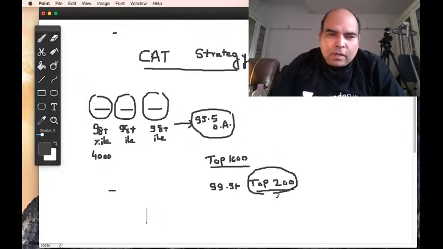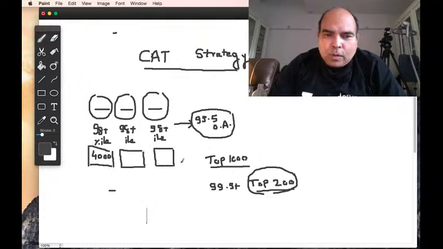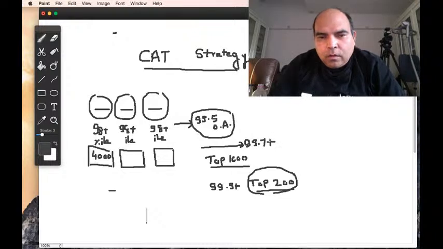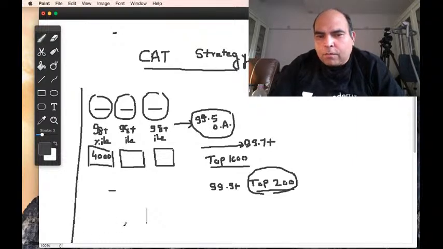If you can maintain a 4,000 rank on all the 3 sections, you end up getting a top 500, top 1,000, and you might even go all the way to 99.7 plus percentile overall. This is the basic game that one looks at in terms of percentile development.